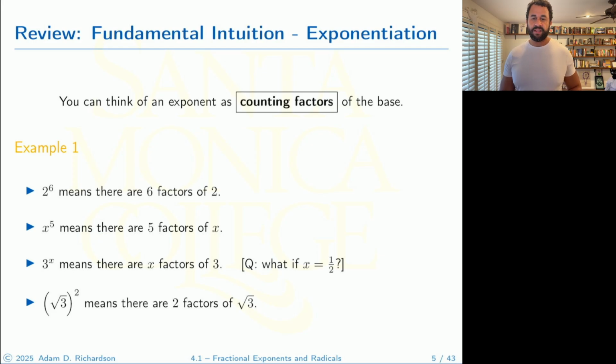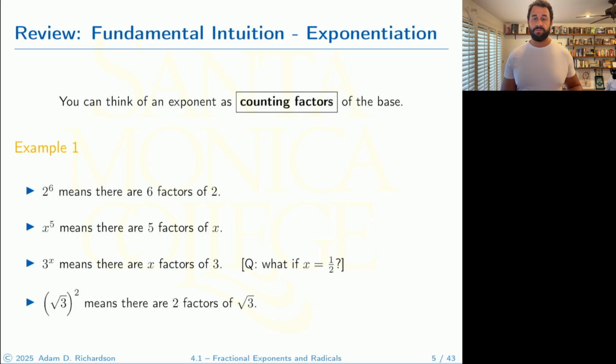And that's where things get a little bit, well, the intuition can help you, but the rigor disappears a little bit. So the question we're going to kind of answer today is, hey, what if x was 1/2? What does it mean to say I have 1/2 of a factor of 3? And we're going to make meaning of that in just a minute here. Square root of 3 squared means you've got two factors of square root of 3.